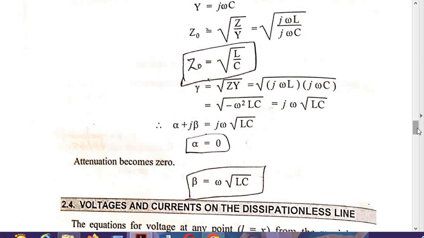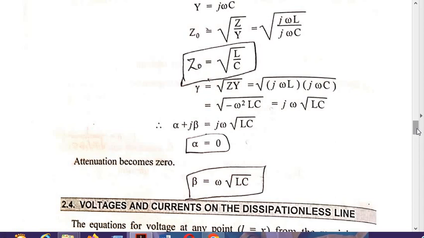So the line constants for zero dissipation: attenuation will become 0 and beta value will become omega into root of LC. Ultimately, the propagation constant gamma is equal to J omega into root LC, or gamma is equal to J beta.